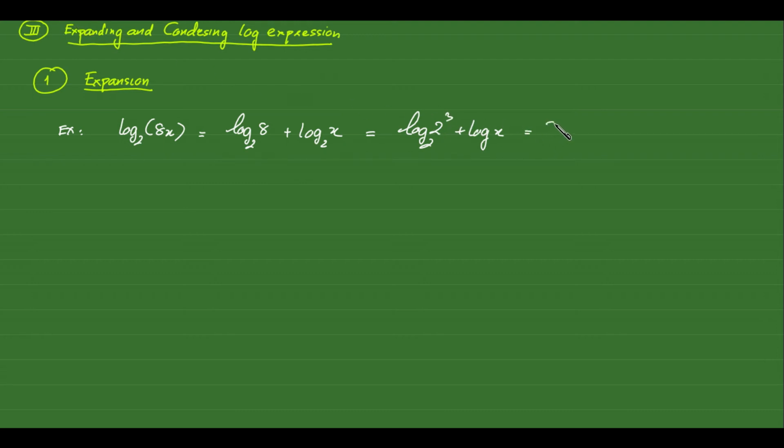So I can drop the exponent down here: 3 log base 2 of 2. This is the third property. Plus log base 2 of x. And log base 2 of 2 gives you 1, so 1 times 3 is 3, plus log base 2 of x. There you go.